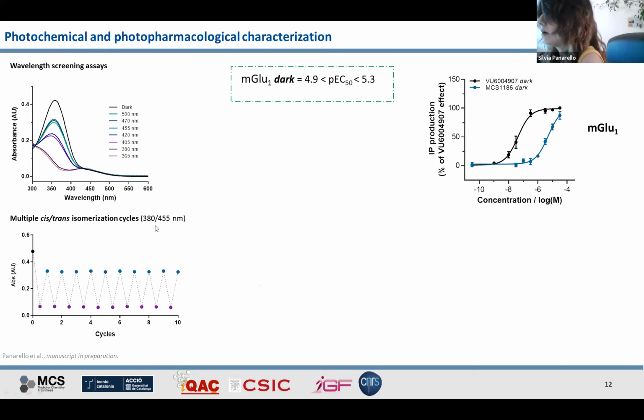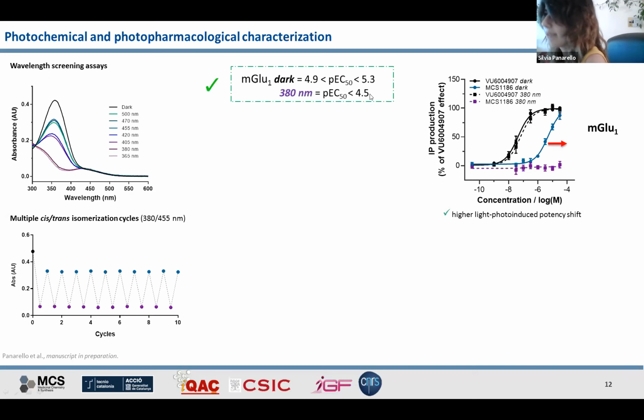And regarding the photopharmacological characterization, again, these compounds display an activity over mGlu1 receptor in the micromolar range. And again, applying the 380 nanometers light, the light triggers the decrease of activity. Actually, in this case, we obtain a higher photoinduced potency shift.